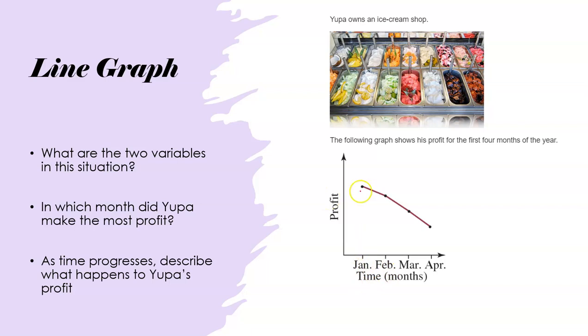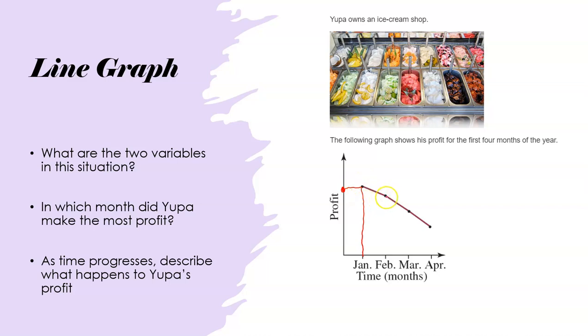Well, we can see that in January, the graph is at its highest point on the vertical axis. So in January, we have the most profit. As time progresses, describe what happens to Yupa's profit. Well, we can see that we've got the highest profit in January.